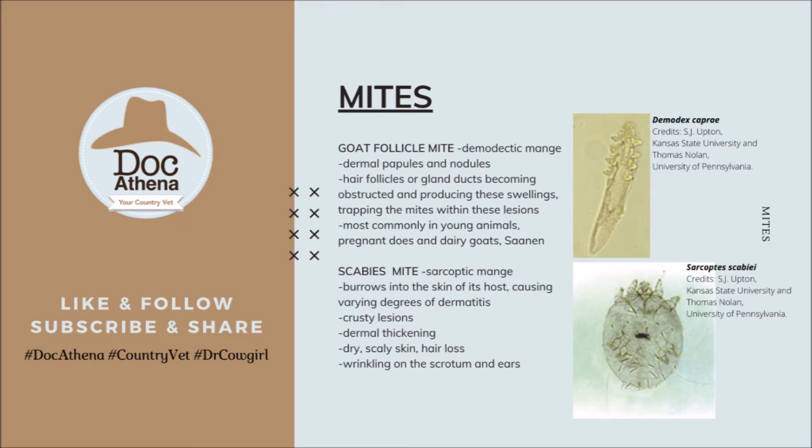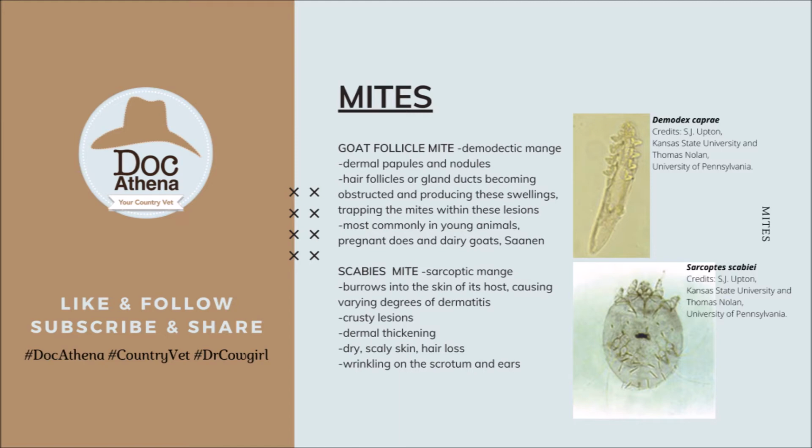Most common in young animals, pregnant does, and dairy goats, particularly the Saanen breed. As you can see on the right side, the microscopic view of Demodex presents like a cigar shape. This is very distinct among Demodex species. Take note of the shape because later we are going to compare them to other genera of mites.